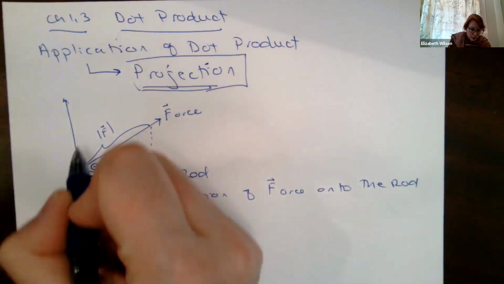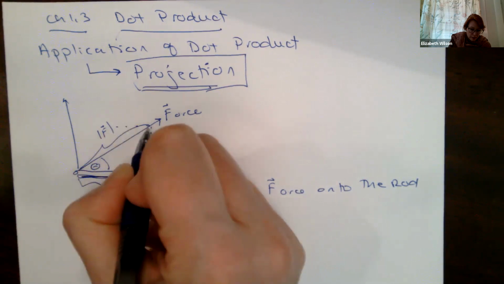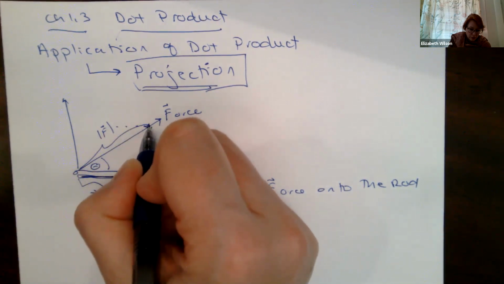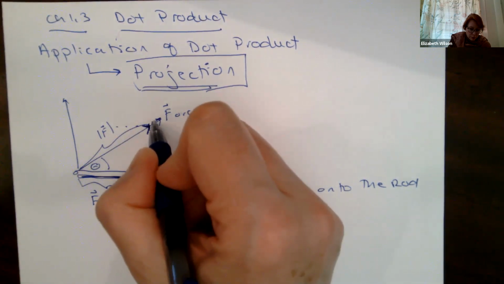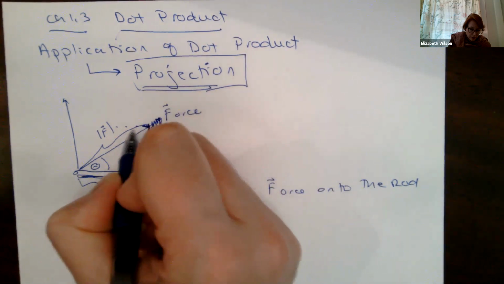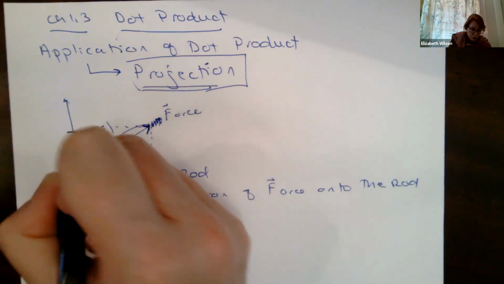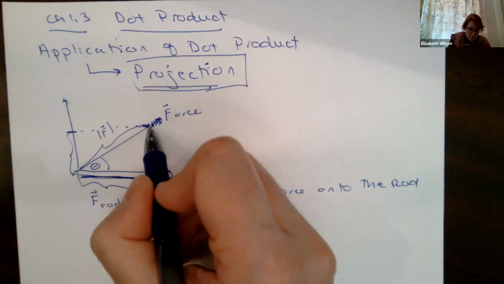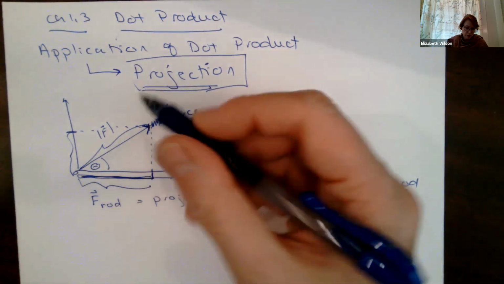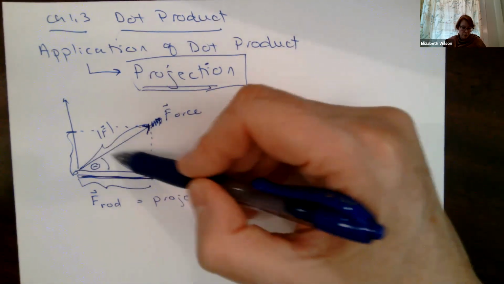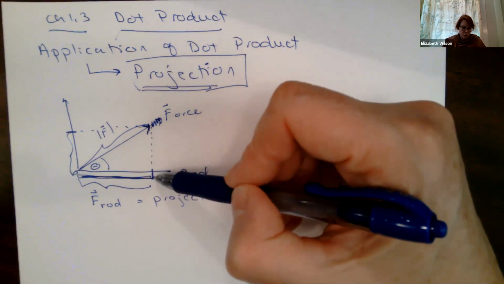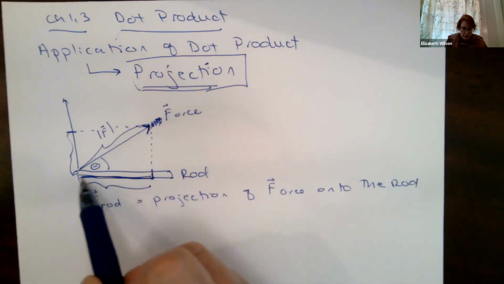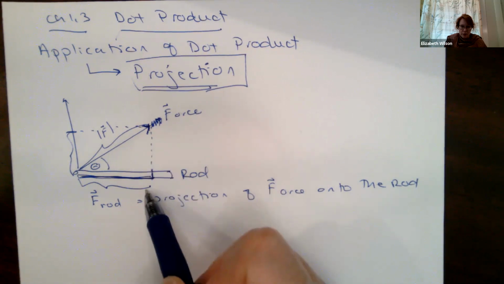This part is our actual force, where my force ends. You can imagine this is the magnitude of my force. My force comes down to the rod at this point, and this part right here is the projection of the force onto the rod.